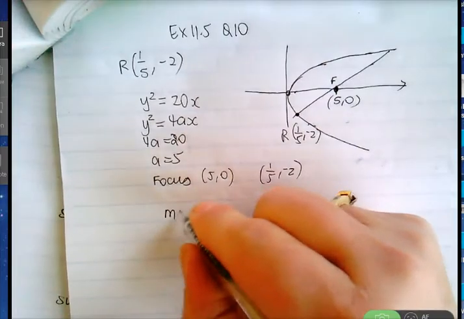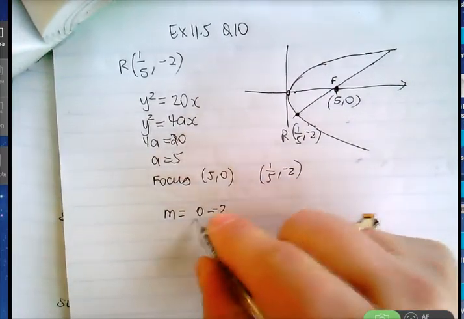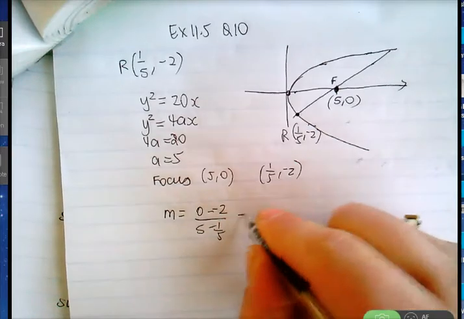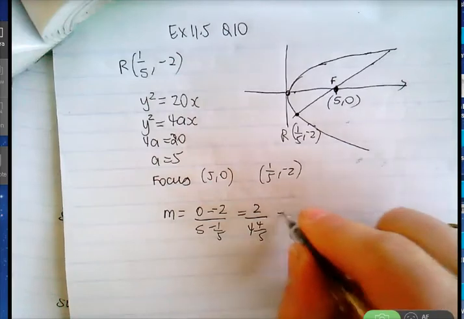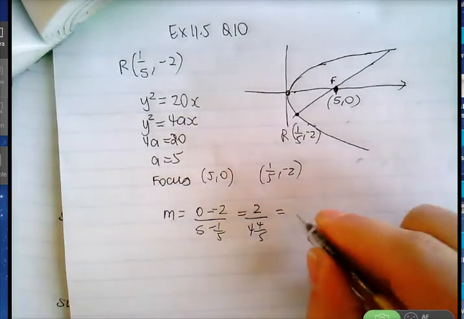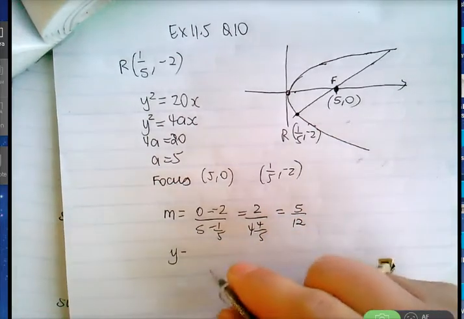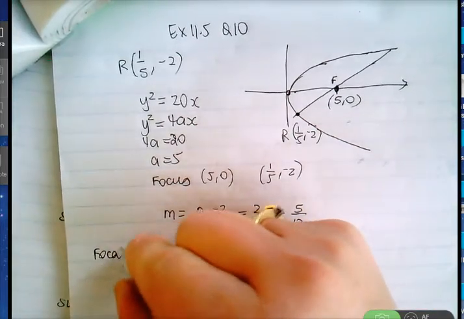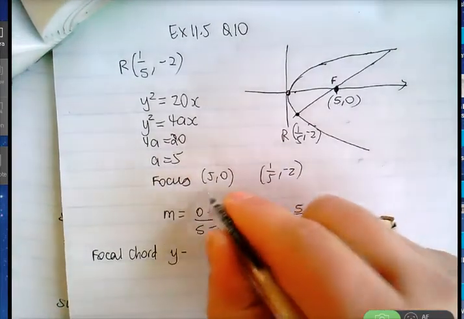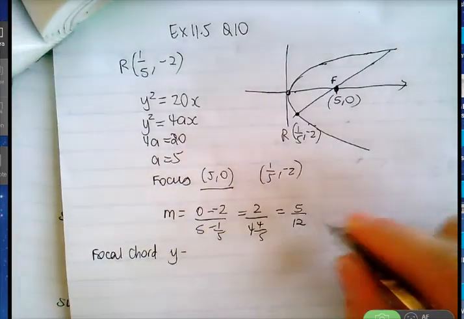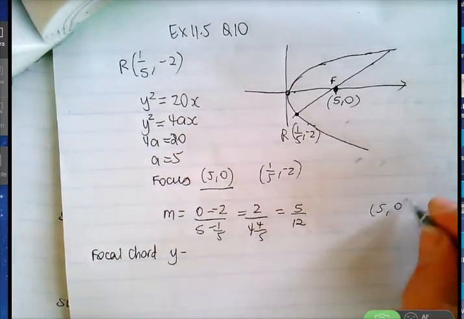Find the gradient, which will be y2 minus y1 over x2 minus x1. It's 2 over 4 4/5. Did anyone already work that out? 5/12 is the gradient. The equation of the focal chord, you will find by using the point-gradient formula. Y minus y1, I'm going to use gradient 5/12 and my point is going to be (5, 0).